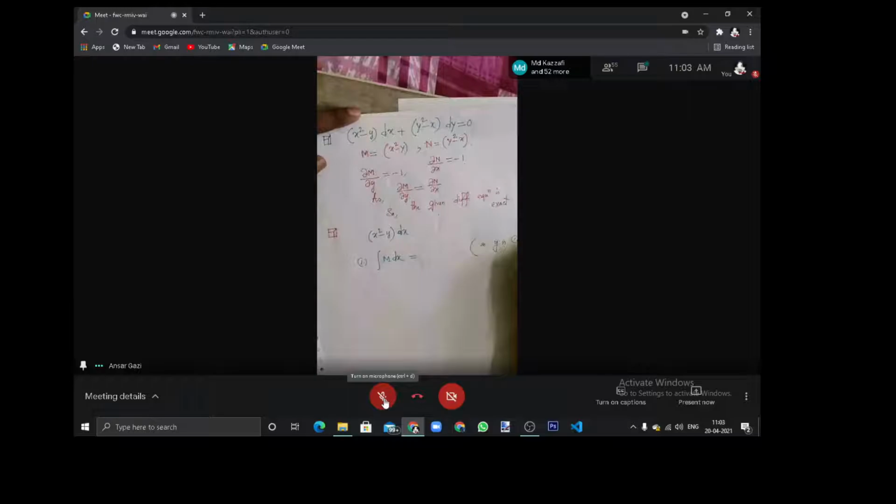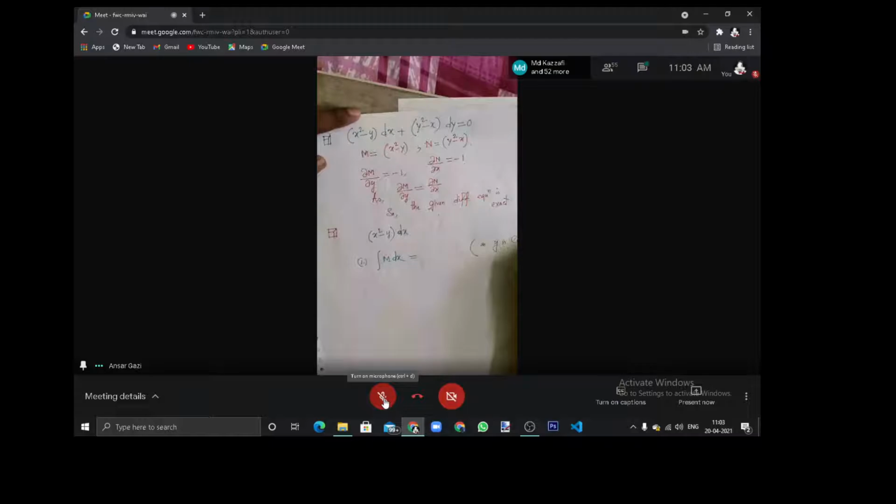Next, now solve this differential equation also. This is exact, so we can solve this differential equation. This is exact because if we check, these two partial derivatives are equal, so the given differential equation is exact. And now solve this. So first of all, calculate M dx.